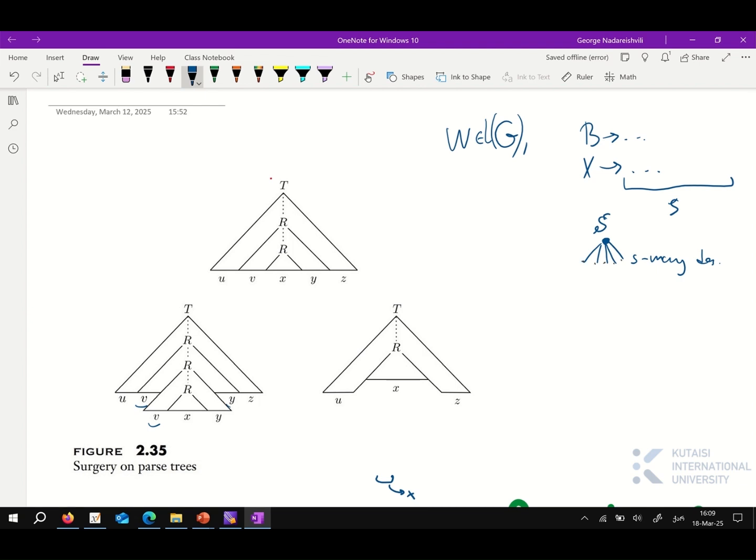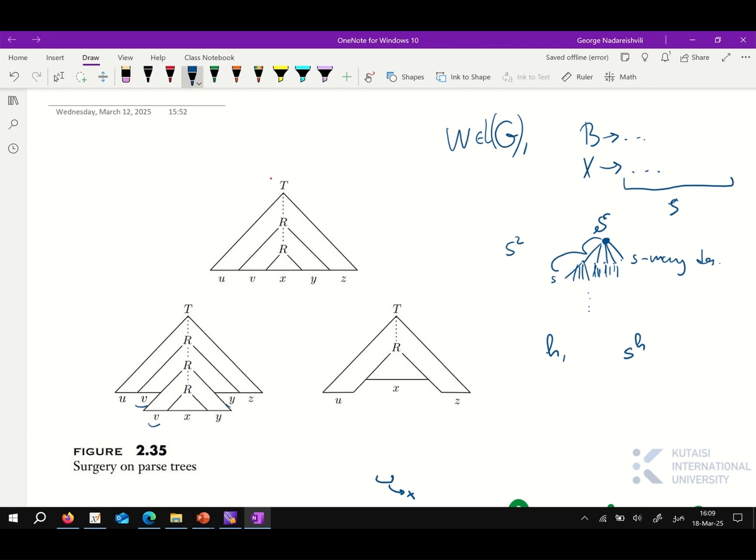And then in the worst case, each one of them again will have s children. So the tree of height 2 will have s squared children at most. And then we proceed and see that a tree of height h will have s to the power h many children at most.